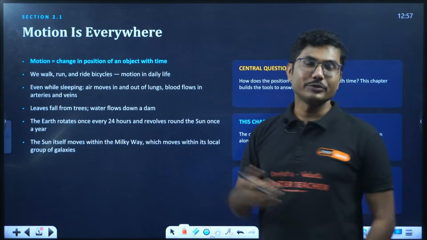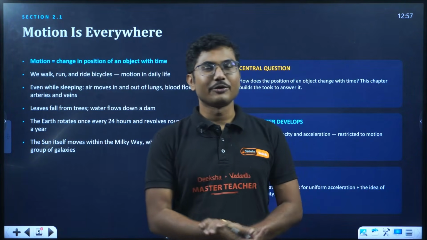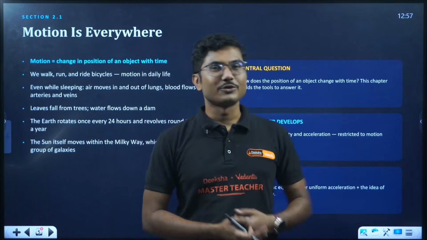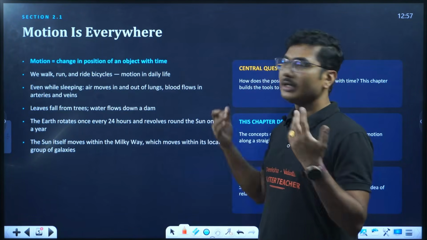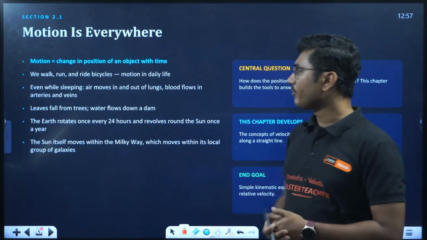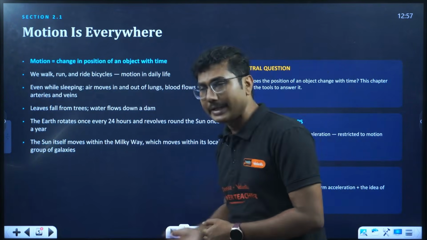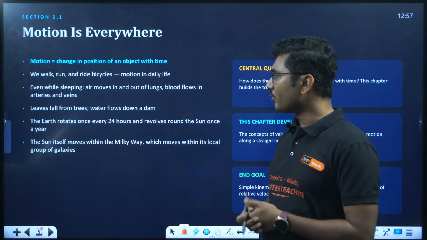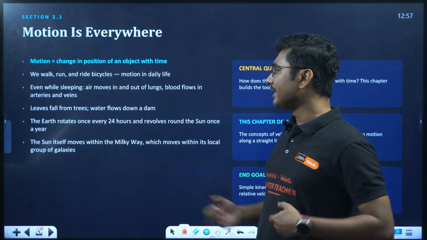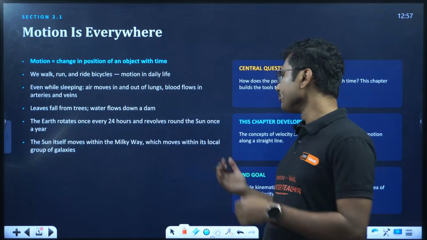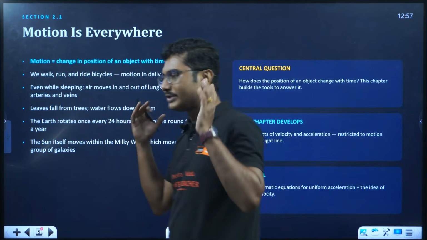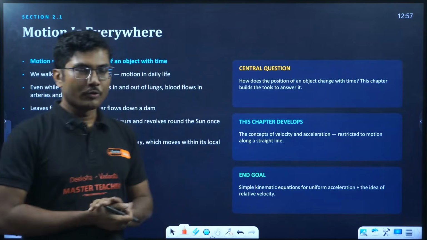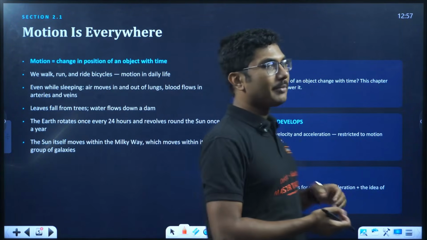Blood is always flowing in your veins and arteries, so that is also an example of motion. Leaves fall from the trees, water flows down the dam, the earth rotates around its axis every 24 hours and revolves around the sun once in a year. The sun itself moves within the Milky Way, which moves within its local group of galaxies. So it is a complete motion. We cannot say anything about absolute rest.